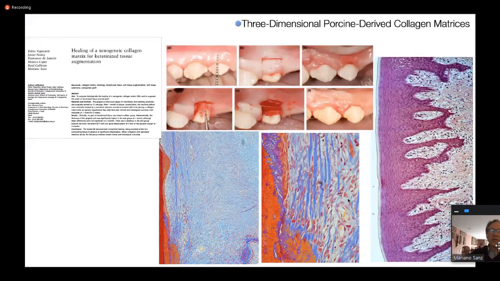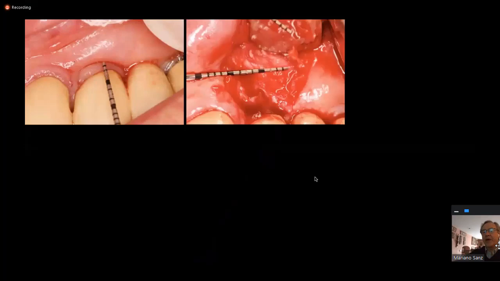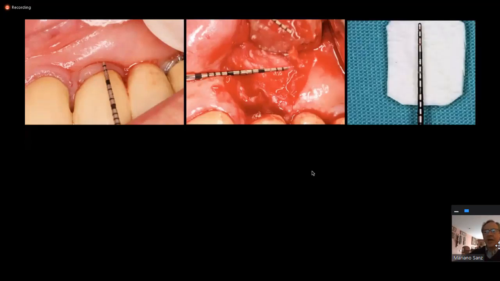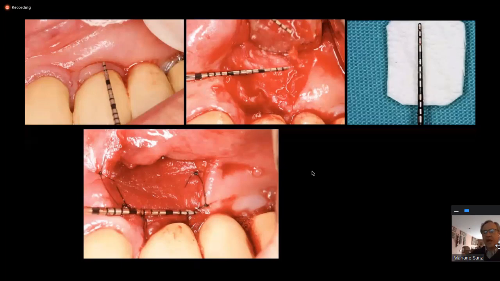And some years ago, we evaluated histologically the behavior of these matrices in mini pig gingiva, and we saw that the mechanism of action was very simple. These matrices behave like an inert scaffold, and the tissue from the vicinity ingrows inside the matrix and develops new connective tissue.